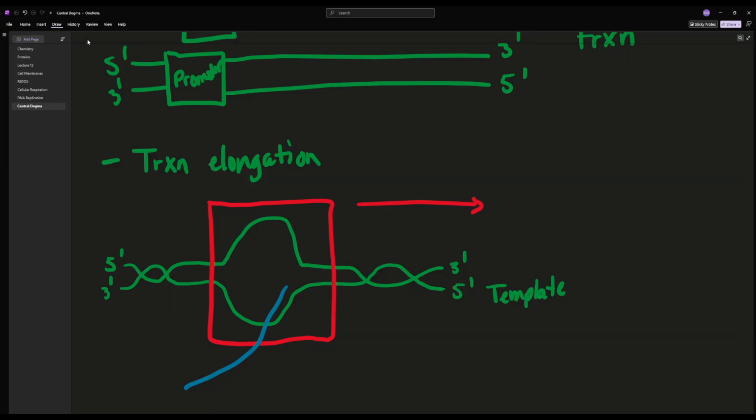All right, so at the beginning, right here, RNA polymerase is actually going to unwind or separate the 2 strands. So it's going to separate the double-stranded DNA. And then at the end, it needs to put the double-stranded DNA back together.